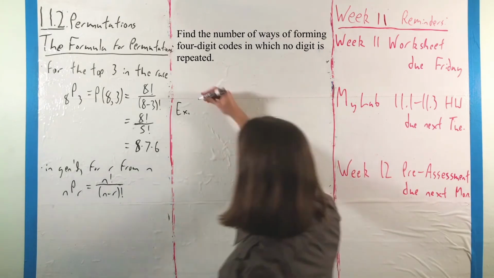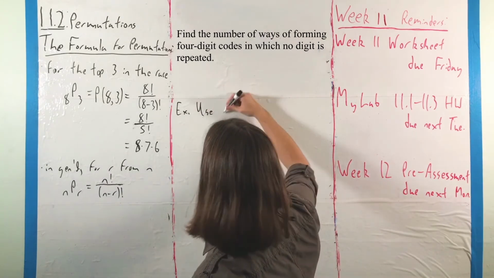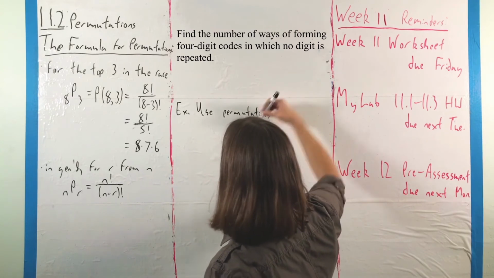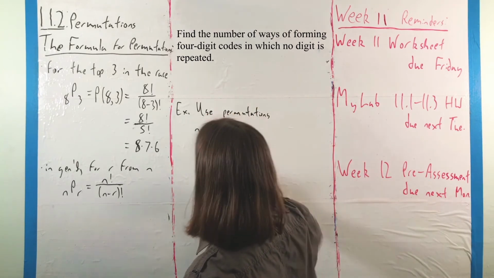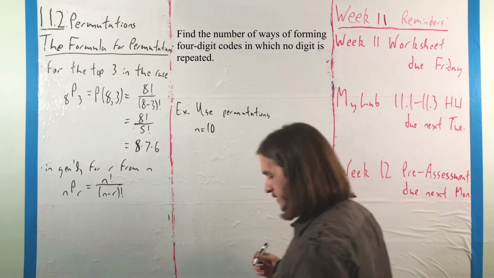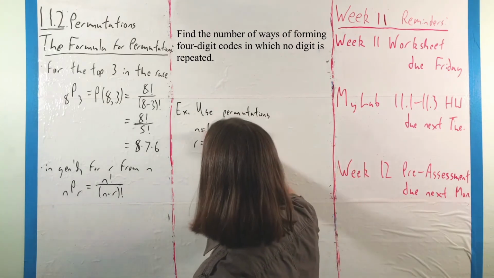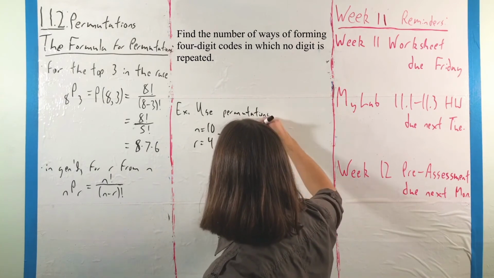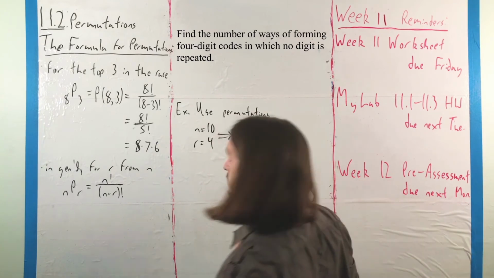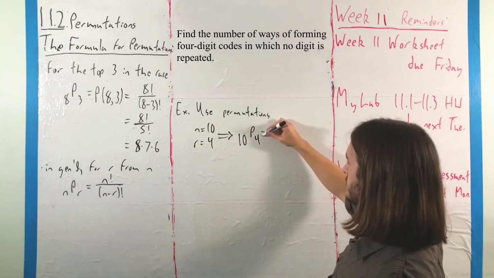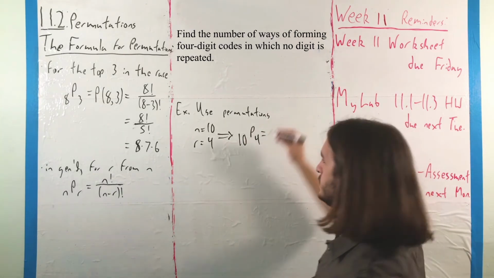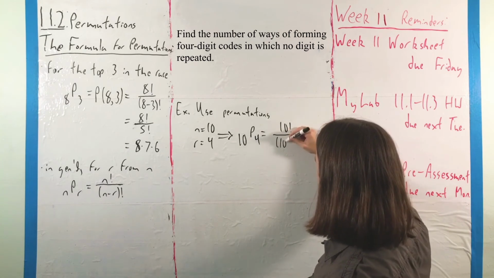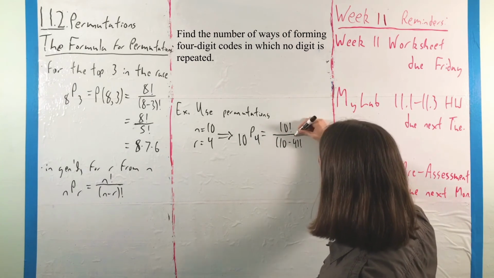But anyway, we are again going to use permutations, where we have n equals 10 options, the 10 digits, and we're selecting specifically r equals 4 of them, so we are permuting 4 options from 10, which means we're looking at performing a computation of the form 10 factorial over (10 minus 4) factorial.